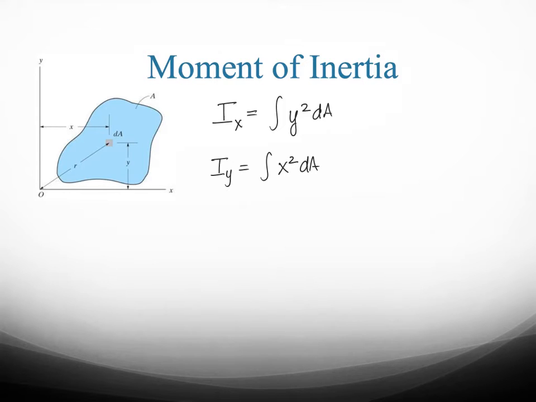Then we also have another distance here, notice in this picture, this distance r, and we're going to call that the polar moment of inertia, where it's r squared dA. Notice that this is actually the moment of inertia around the z-axis.